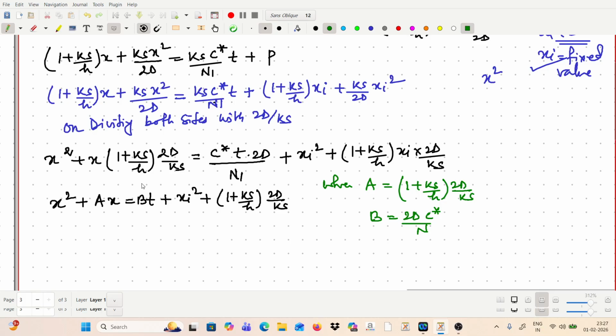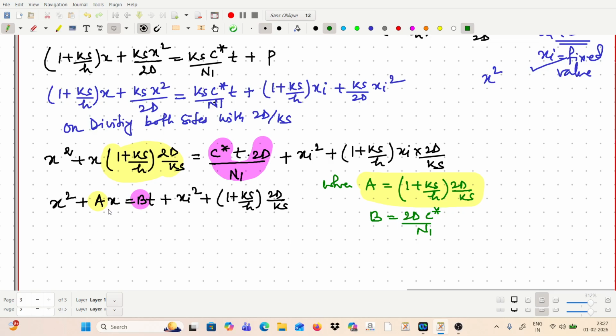This one I am calling a. And for b, it is c star 2d by n1, so better to write n1 here.